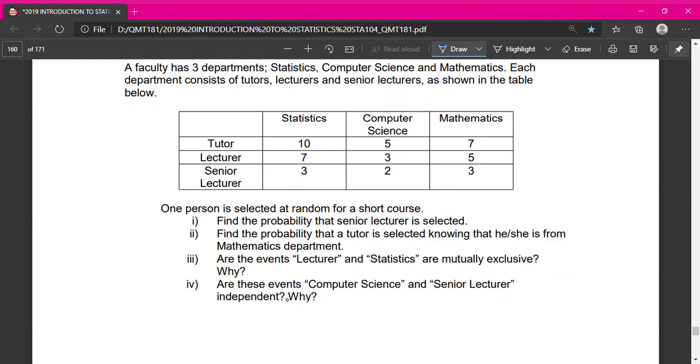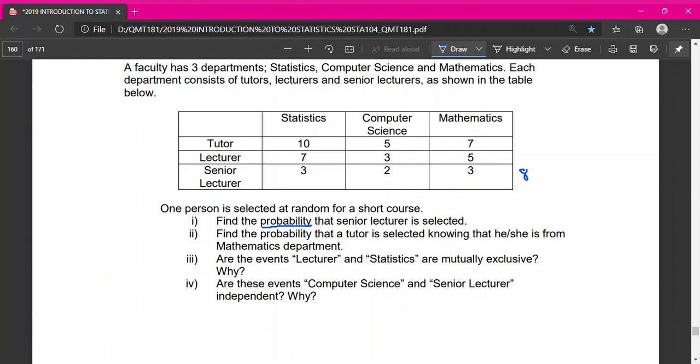So, senior lecturer kena total up semua sekali berapa kat sini. We have 8 senior lecturer kan. So, sebab nak cari probability, so you kena bahagikan dengan all together, all the lecturers yang ada. Okay, so semua sekali ada berapa? Kita total up. Kat sini 20.